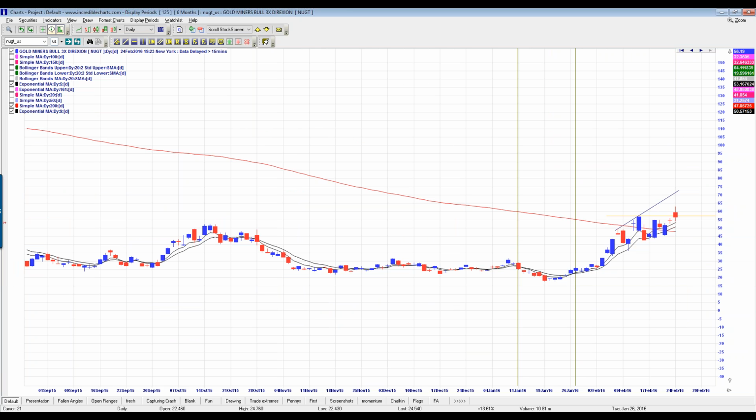That was then confirmed by the fact that the stock, after breaking it, didn't break back below, not even once, not even on its intraday lows. And that told us that all of this resistance that we may have been worried about didn't really matter anymore, because now we had a momentum trade, a momentum pattern.